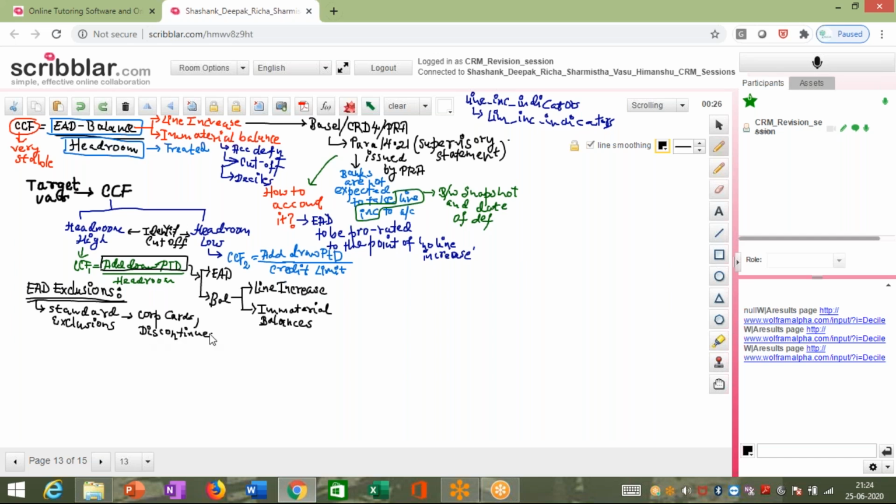Then there are cards which are deceased, and a very special type of card is a zero limit card. If an account is deceased as of the snapshot, then it is removed, right?